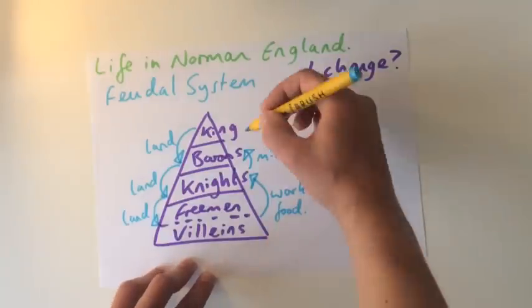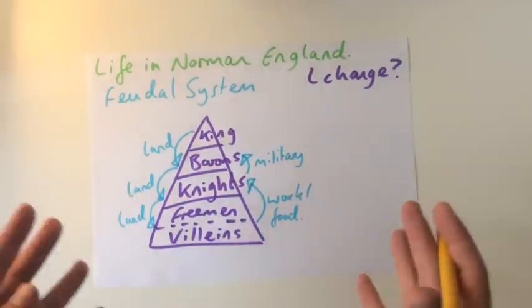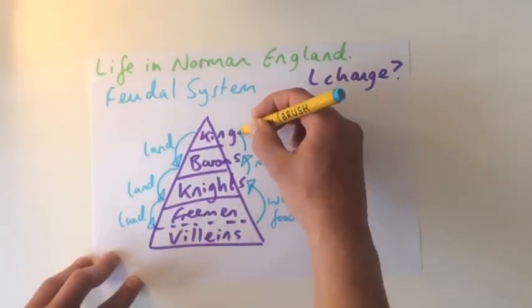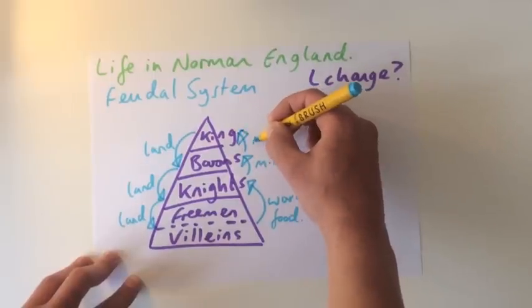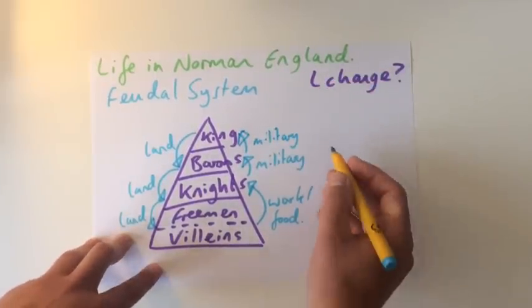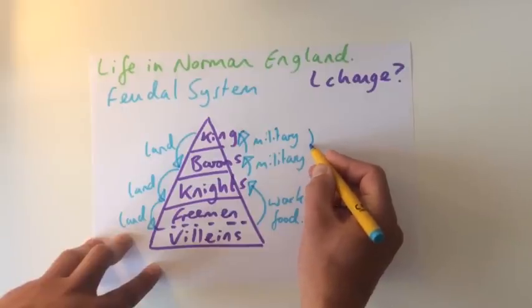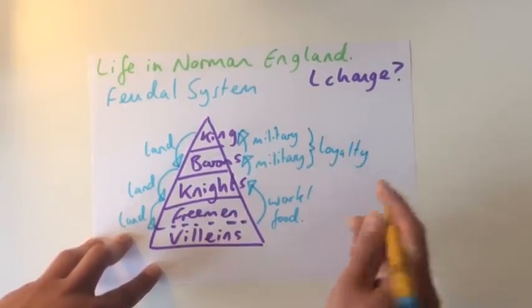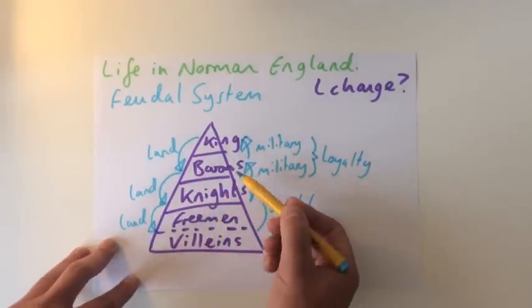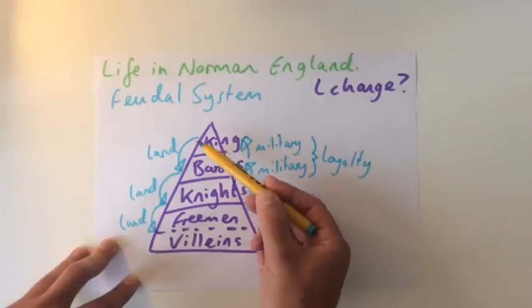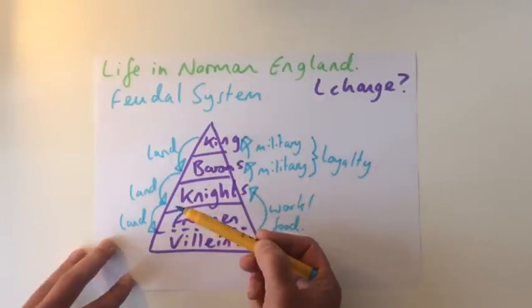He goes in his army, and then the barons, by having several knights who will all serve in the military and will also collect some of their peasants for the army if necessary, can also offer military service to the king. If you want to bring those things together, what they all give to the king is loyalty. The king knows that he can call upon the barons or the knights to put together an army for him if he needs it, because he's been generous and he's shared out his land.